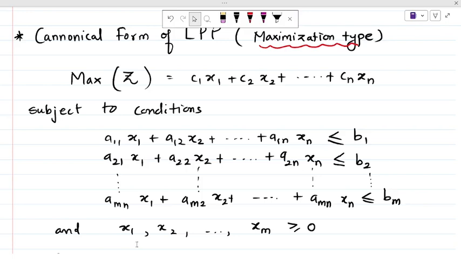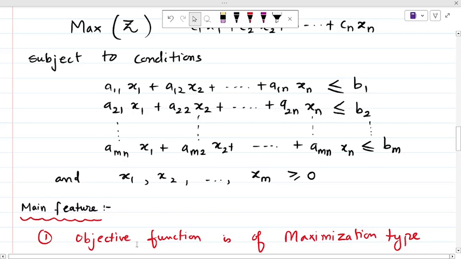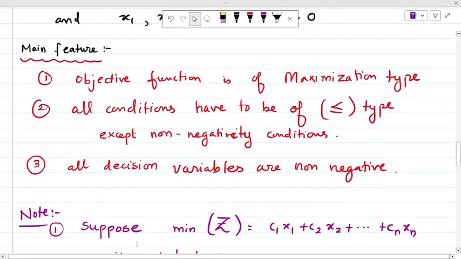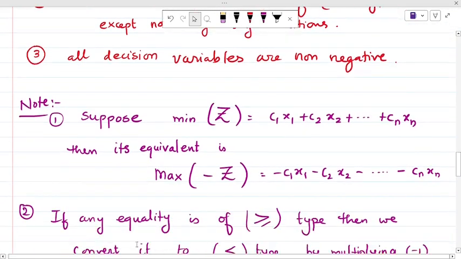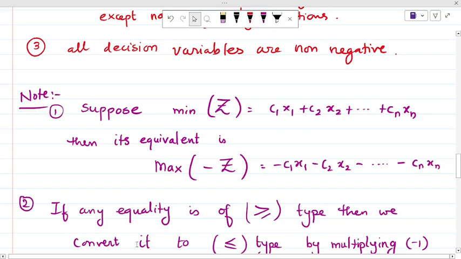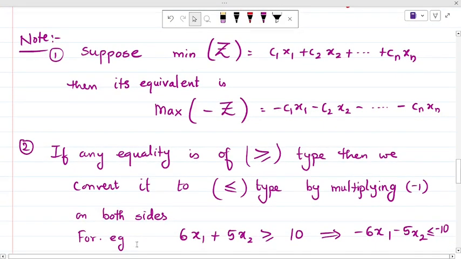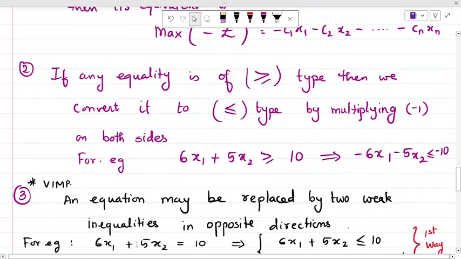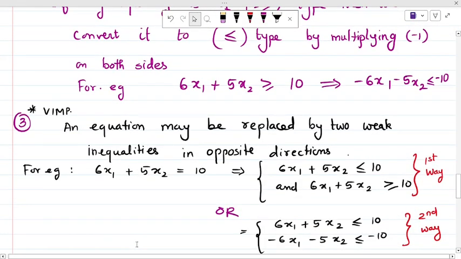So first, let us recall again, when we are doing maximization type, the first thing we have to remember is that all the conditions should be of less than or equal to type. That is the main thing. And if we want minimization, we can take the negative of the maximization. We can also convert from greater than sign to less than type by multiplying by -1. Yes, this is very important.